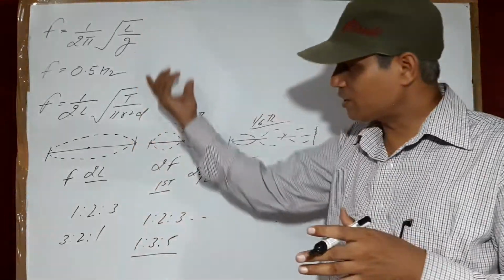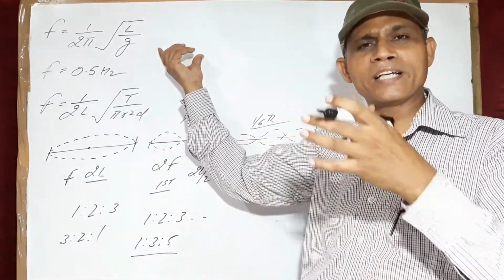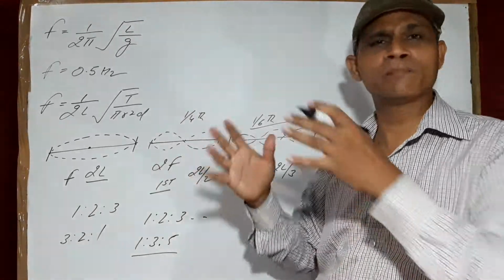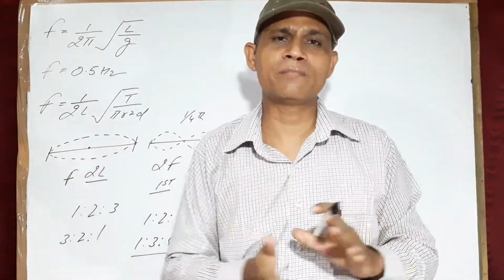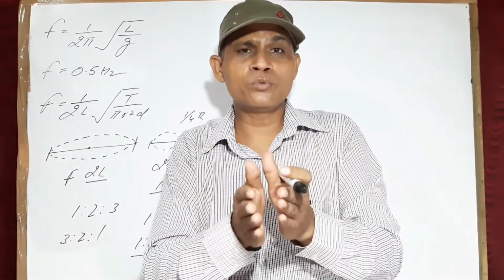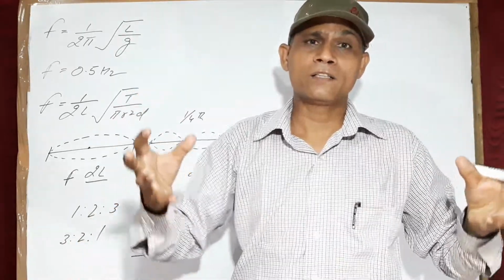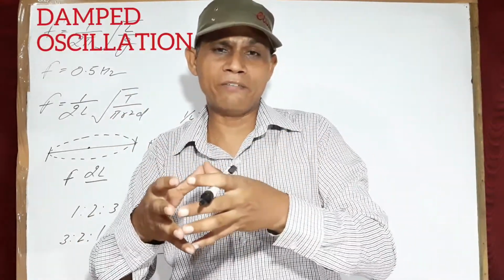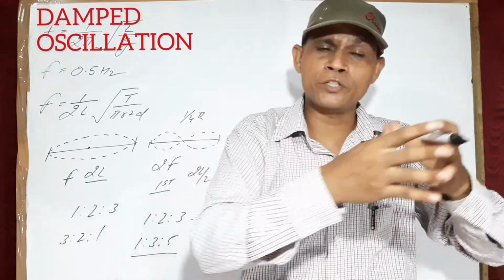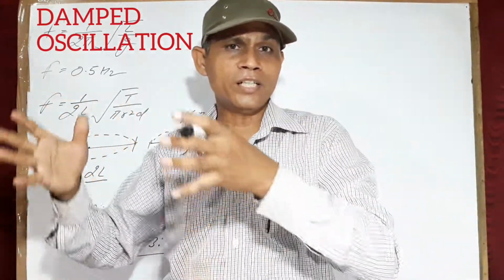So all these phenomena should take place in vacuum. If these phenomena are taking place in vacuum, only in that case the amplitude will remain the same, otherwise the amplitude will not remain the same, rather the amplitude will go on decreasing. And the oscillations which have decreasing amplitude are known as damped oscillation.